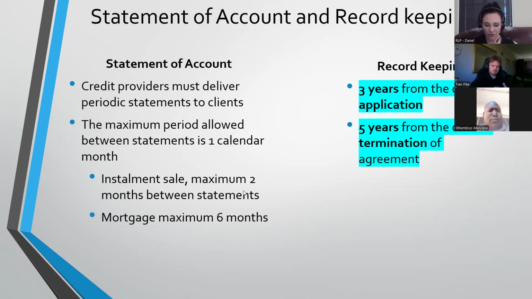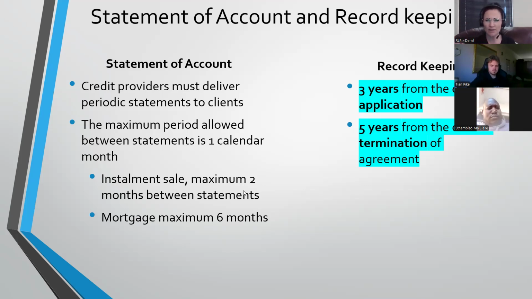Now I want to mention to you guys, you have one of 5 exams that you can possibly write tomorrow. Okay? I know for a fact that in one of the exams, they ask you which 2 statements are correct in terms of record keeping. But then they give you the option 3 years application, 3 years termination.